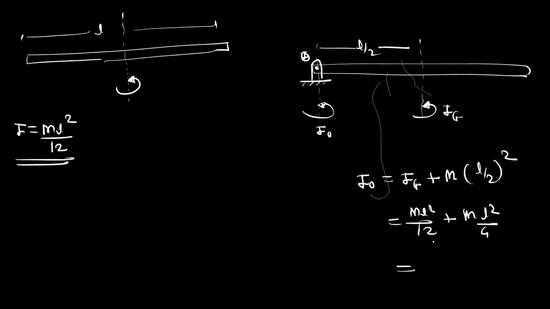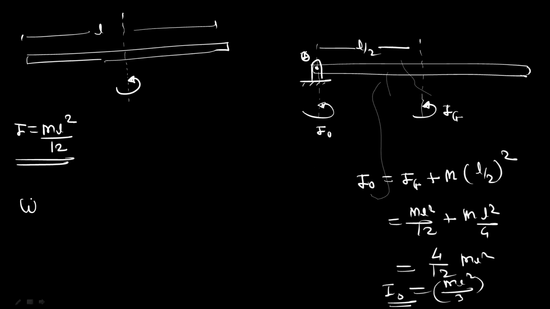Adjust the denominator: multiply here by 3 so it becomes 12, and this becomes 3 plus 1, so it is 4 by 12 m l square, that is m l square by 3. So this is the moment of inertia about the point of rotation, that is the pivot point O.